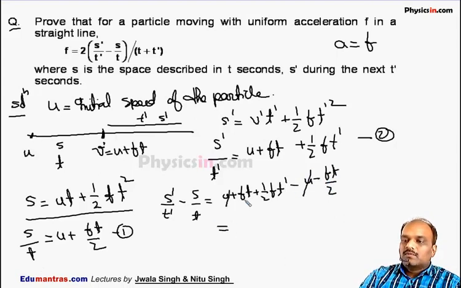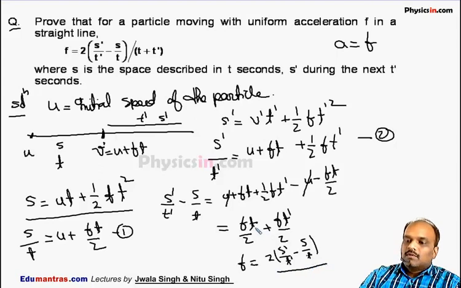We get f t minus f t by 2, which is f t by 2, plus f t dash by 2. So from here I can say f is equal to 2 into s dash by t dash minus s by t, whole divided by t plus t dash.